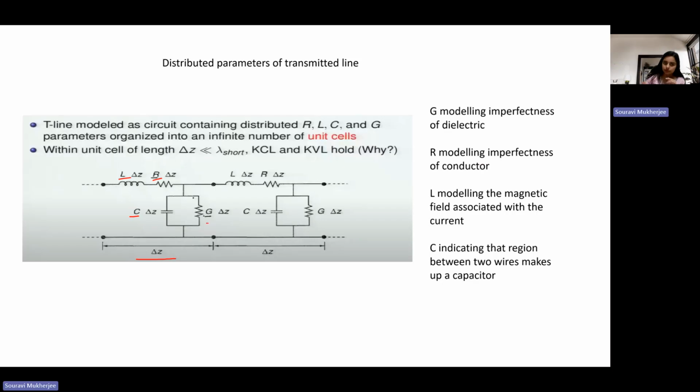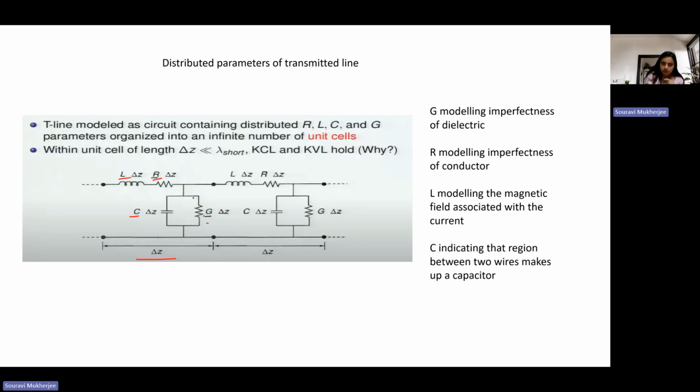But if you look at the bigger picture, many such unit cells characterize your entire transmission line. So you are defining the property or the effect of the transmission line in terms of these parameters.